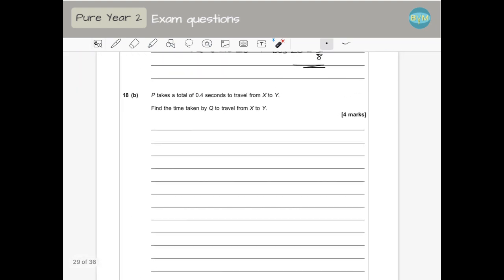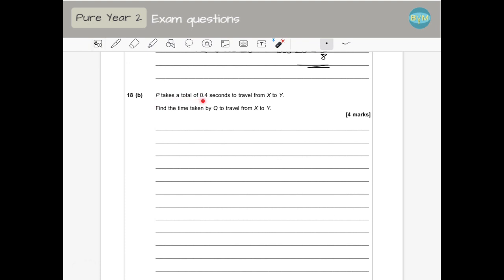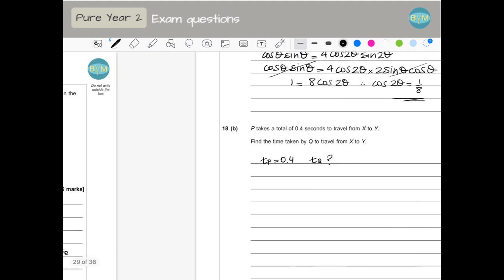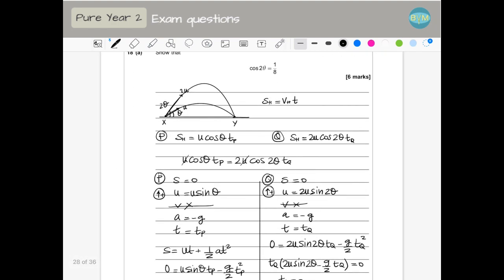Okay. Then it says P takes a total of 0.4 seconds to travel from X to Y. So tP is going to be 0.4. And we need to find the time that Q takes. Yeah, so we can go back to this equation. I know that cos 2θ is 1/8, and even if you are not able to do this first part, you still know it, so use it, please.